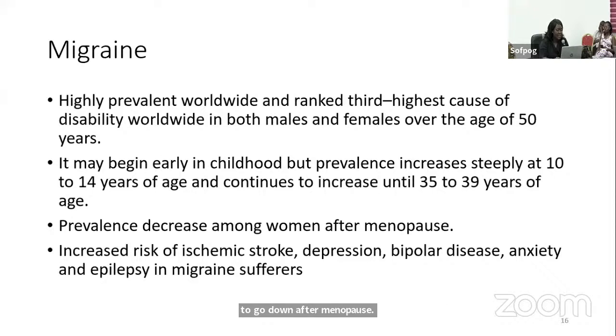And then there's also associated increased risk of ischemic stroke, depression, bipolar disease, anxiety, and epilepsy among patients with migraine headaches. What are the risk factors for migraine headaches?